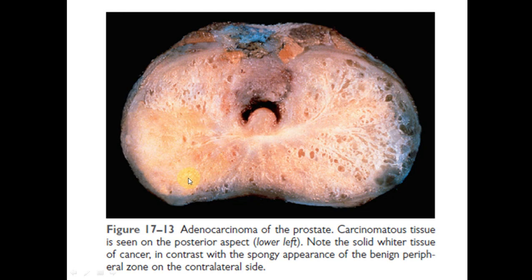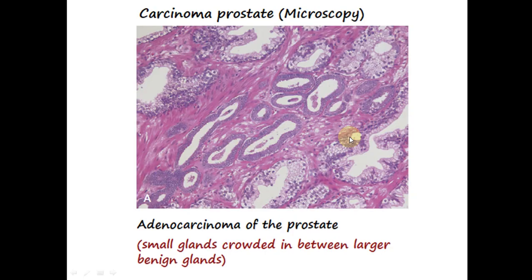So this portion, which is prostate cancer, is solid and comparatively wider, and the normal portion of the prostate where cancer has still not reached it will be spongy and contains the glandular tissues that are visible.